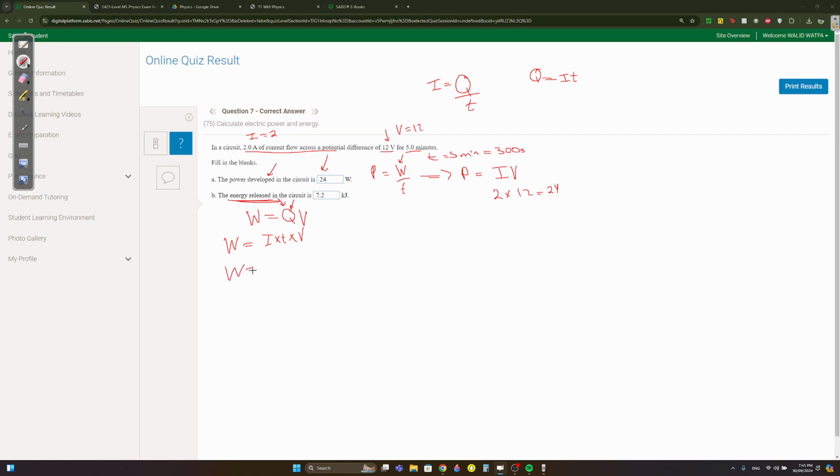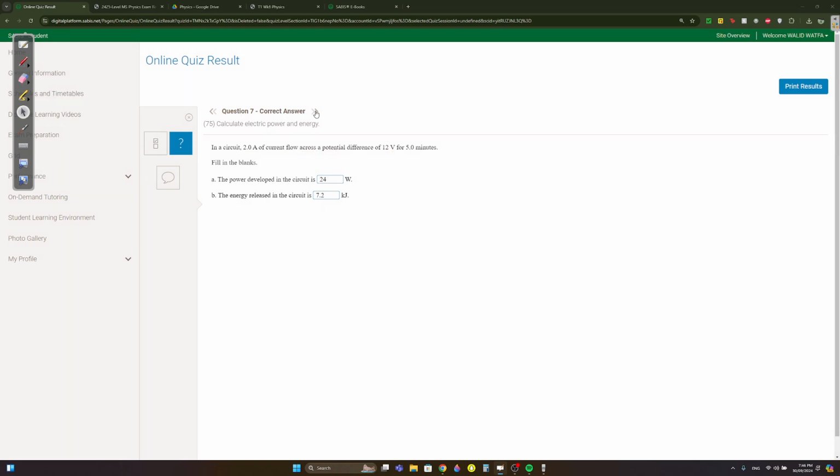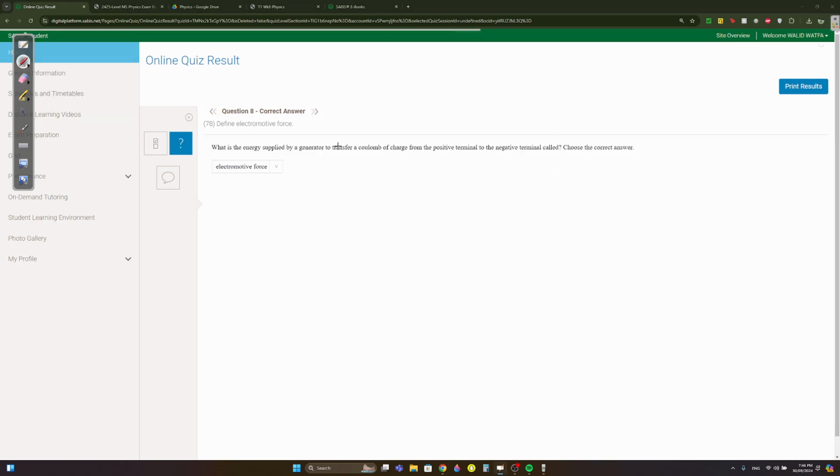I is 2 times 300 seconds, voltage is 12. You get 7,200 joules, but they want it in kilojoules, so it's 7.2. If you have time, you're always going to use IVT. 99% of the time, you're going to use E equals IVT. This formula is not in the book; I derived it for you, and you can use it a lot. It was actually in our physics when we were doing the mc delta T questions.